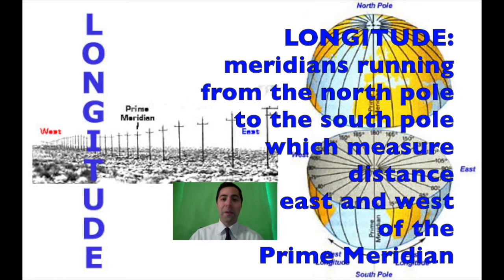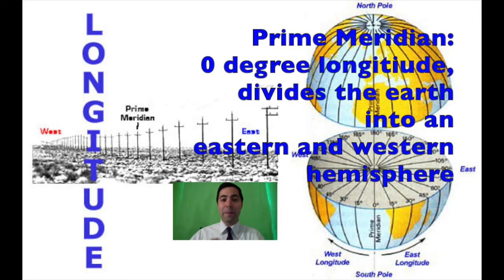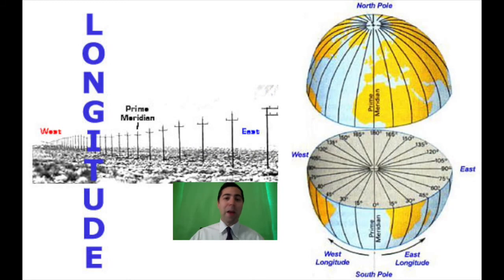Lines to the east are other meridians, and lines to the west of the prime meridian measure to the west. The prime meridian is also known as 0. And by the way, lines of longitude are often known as meridians.